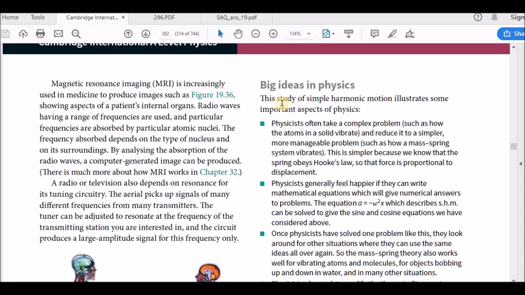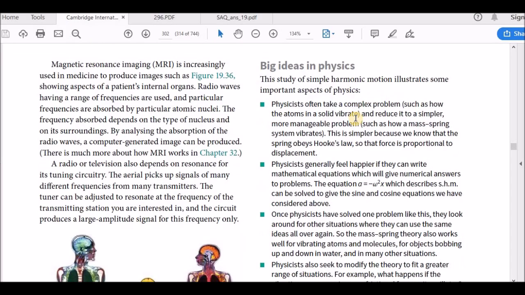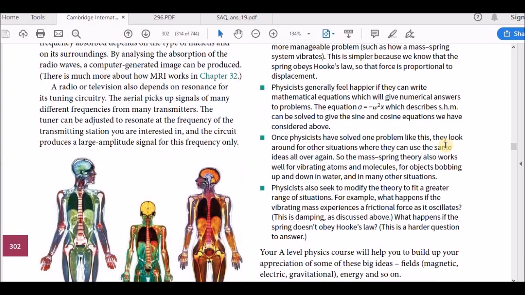Okay, so finally, big ideas in physics. This study of simple harmonic motion illustrates some important aspects of physics. Physicists often take a complex problem such as how the atoms in a solid vibrate and reduce it to a simpler, more manageable problem such as how a spring mass system vibrates. This is simpler because we know the spring obeys Hooke's law, so that its force is proportional to the displacement.